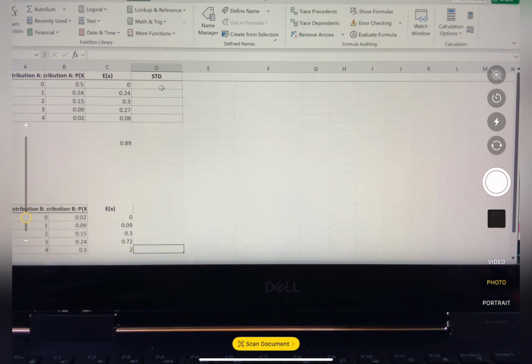For standard deviation, I don't want to do it right away. We are going step by step.